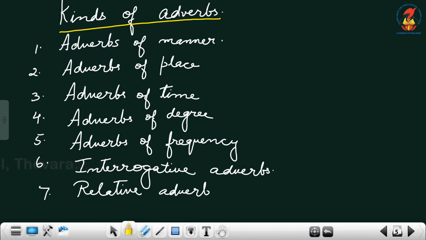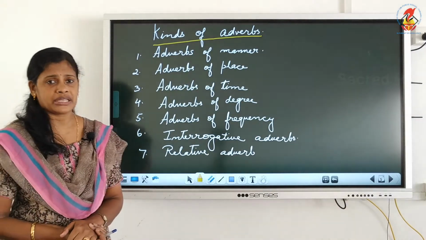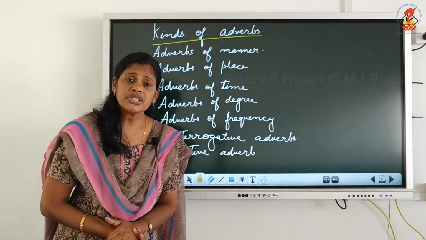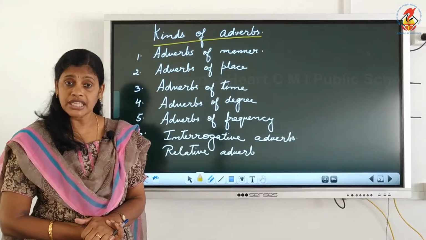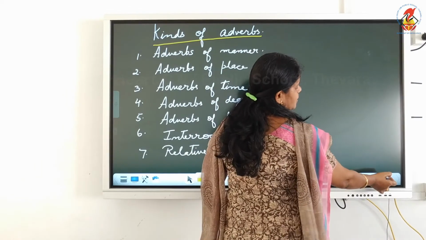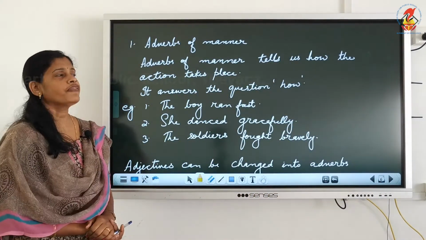First is adverb of manner, adverb of place, adverbs of time, adverbs of degree, adverbs of frequency, interrogative adverbs and relative adverbs. 7 types are there and we have to discuss each one in detail. You should be able to identify the different types of adverbs in a given sentence. So we start with the first type of adverb, that is adverb of manner.